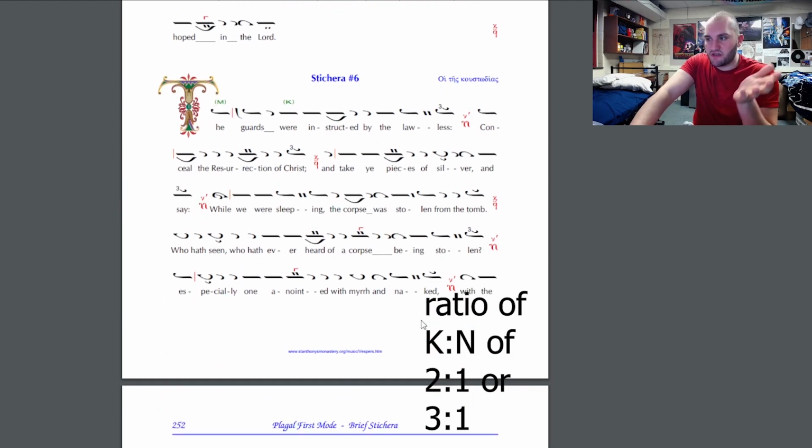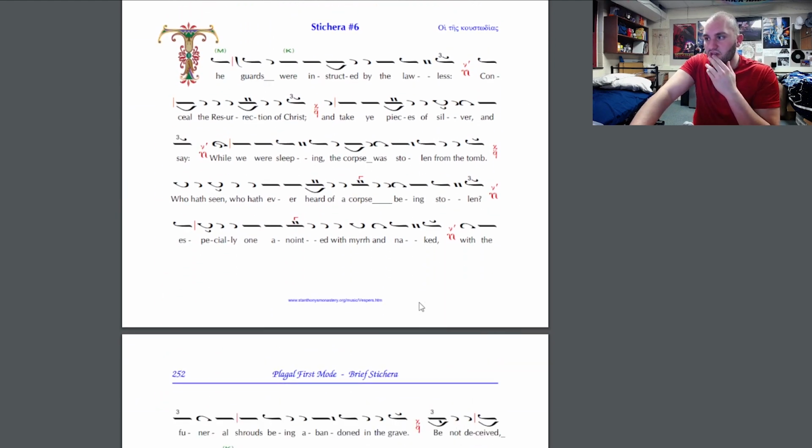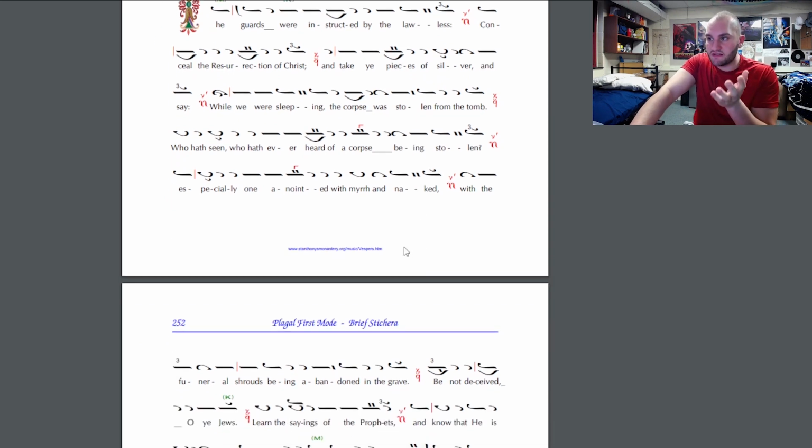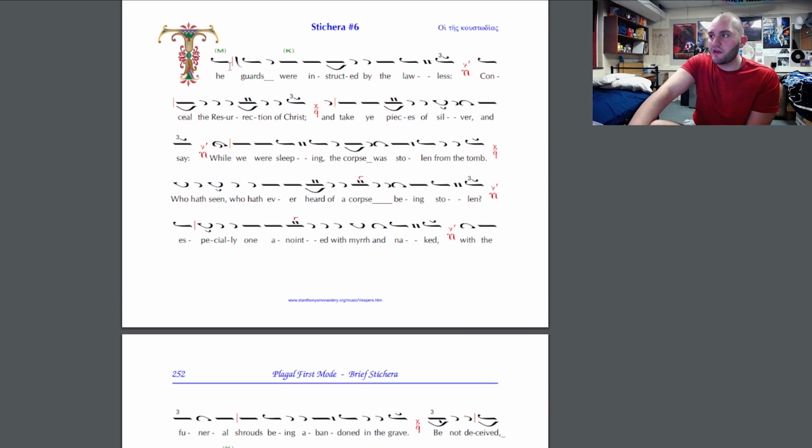So let's look at this one. This is actually an interesting hymn. The reason why it's interesting is because it uses a lot of high ni cadences, and you get to hear how they sound. So starting from the top, how do you start it? The way I like to start Plagal First with the pichima, which is the phrase used to start a tone, is by singing this.